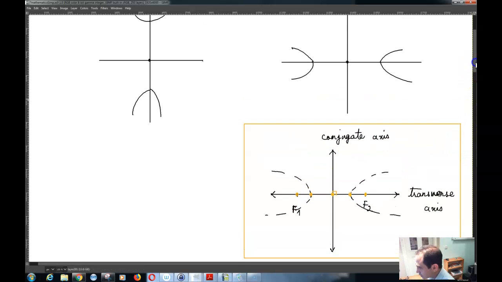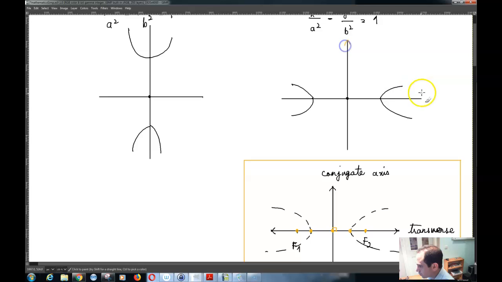Now we can take this system and put it in a 2D coordinate plane, in which you would have an x-axis and a y-axis, and then you could put your center on the center of the coordinate system. You could put the transverse axis across the x-axis.